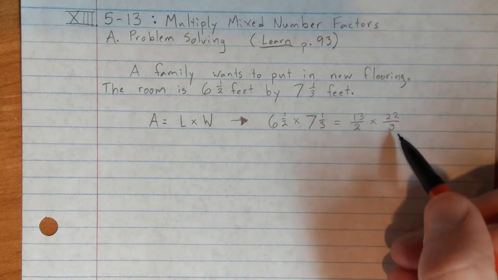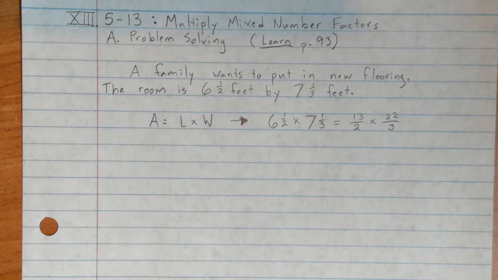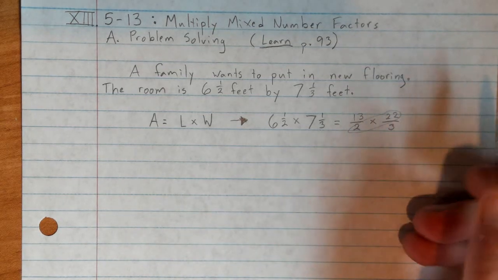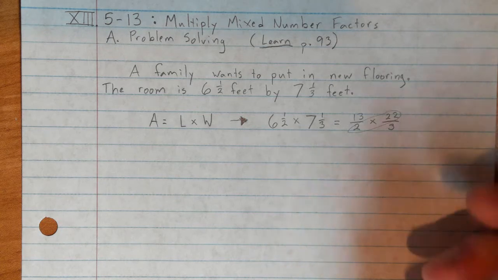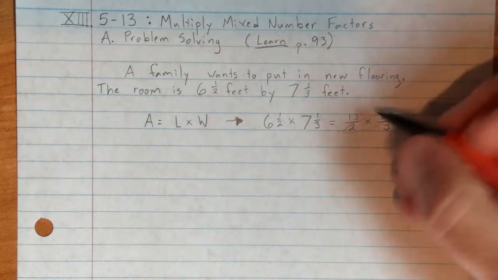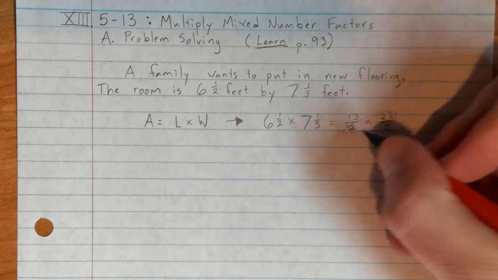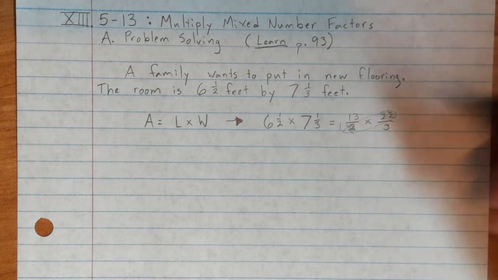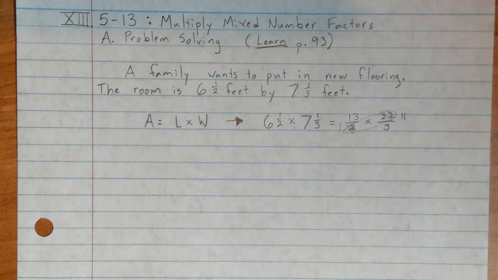Now 13 and 3, they both have that 3, but unfortunately they cannot be divided by 3. Specifically 13 cannot. But 2 and 22, those will be a little more helpful. Those share a common factor. I can divide both of them by 2. 2 divided by 2 is 1. 22 divided by 2 is 11.